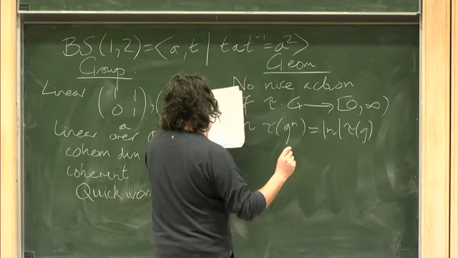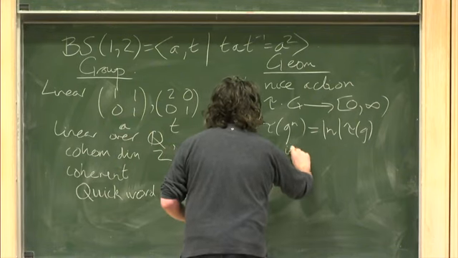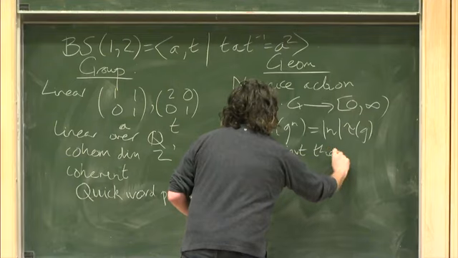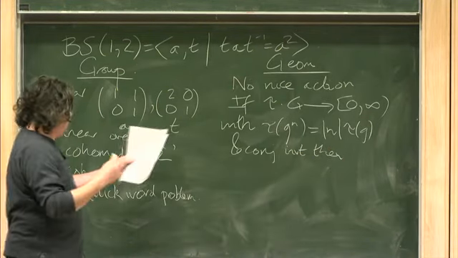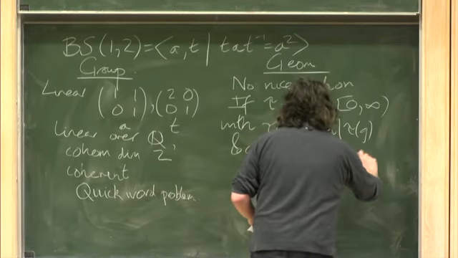And if you also require conjugacy invariance, then any function that satisfies that would, if it existed on this group here, have to send a, of course, to 0.